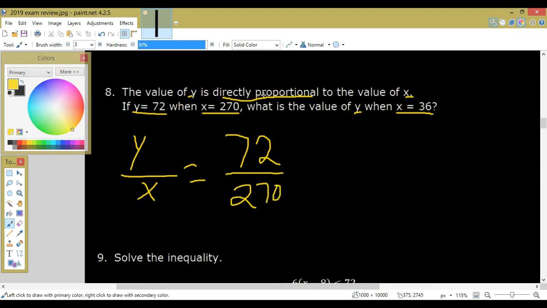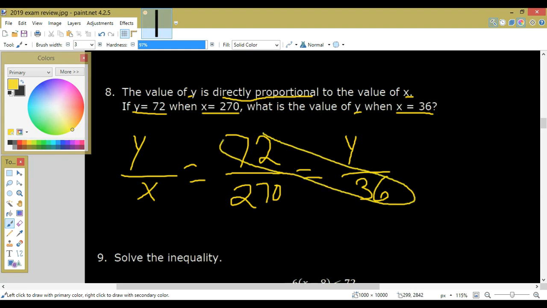Since it's directly proportional, we can set up a proportion like this. The next part of the sentence asks for what is y when x is 36. So here's our proportion. From here we're going to cross multiply 72 times 36 and 270 times y.